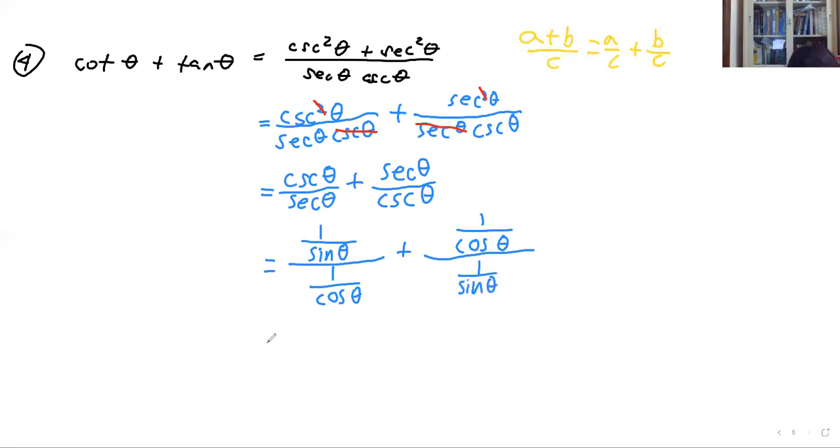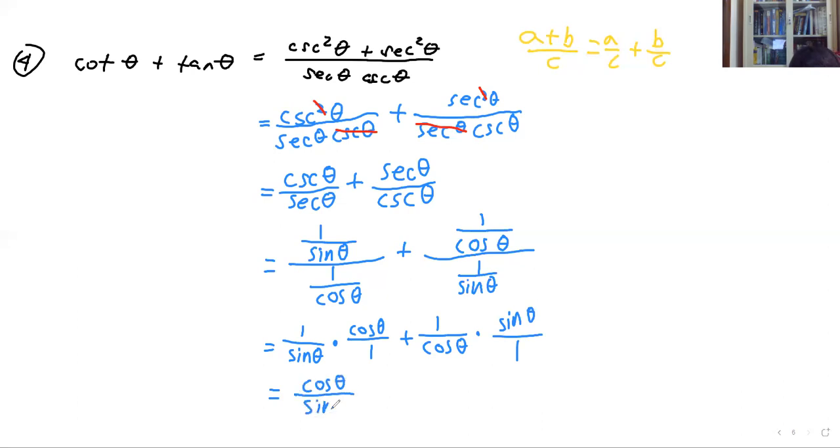So now we'll just multiply it. This equals cosine theta over sine theta, plus sine theta over cosine theta.